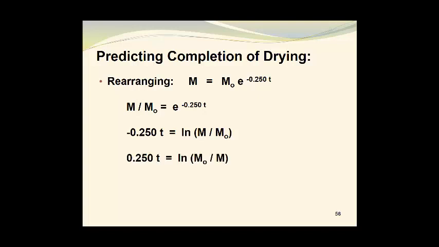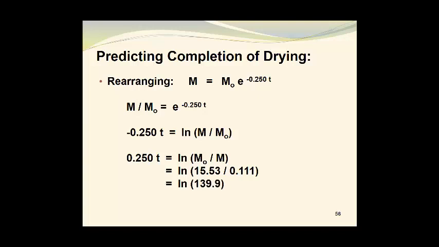Getting rid of the negative sign, we can write 0.250 t is equal to the ln of m naught over m. And that will be equal to the ln of 15.53 divided by 0.111, where both of these values have units of grams of water per gram of dry solids.